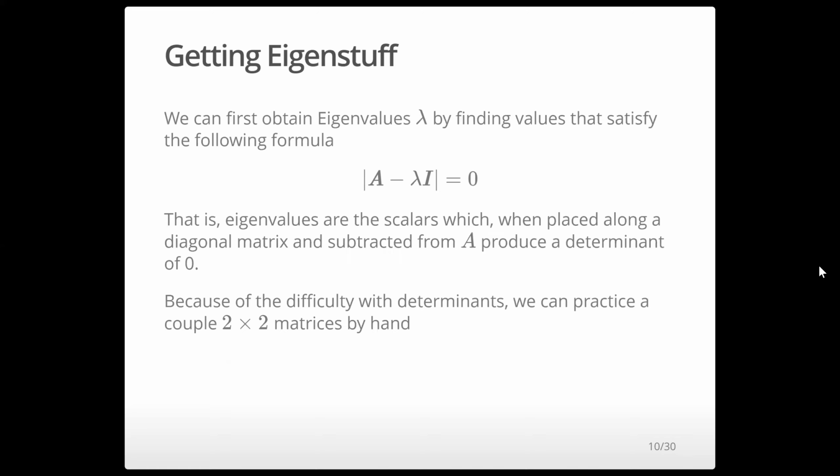So the next question is, how do we get the eigenvalues and eigenvectors for a matrix to begin with? We just verified the relationship they satisfy when we have them, but we haven't looked at how we can actually get the eigenvalues and eigenvectors of a matrix on their own. So the first thing we want to do is get the eigenvalues.